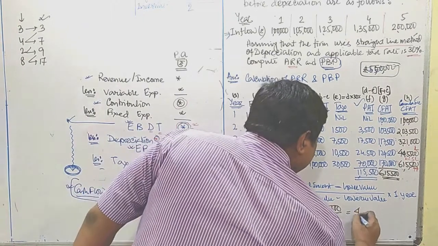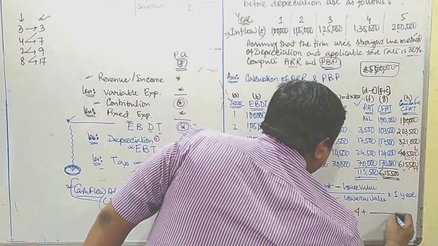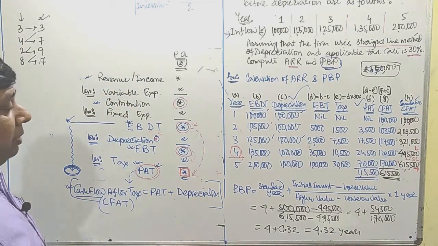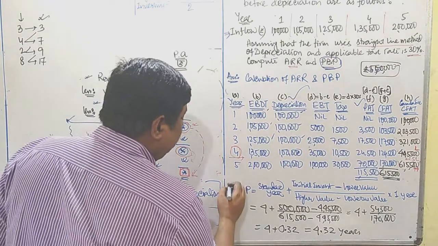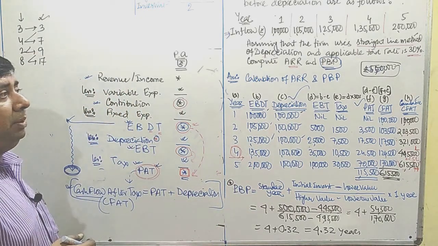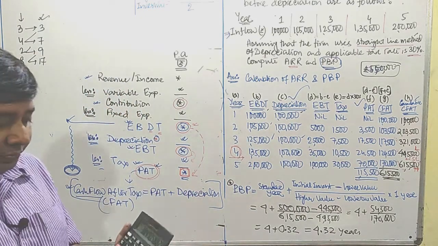Now it is 4 plus, you have to calculate, 4.32 years. That way you can get the payback period. Okay, this is the formula and calculation mechanism of payback period.